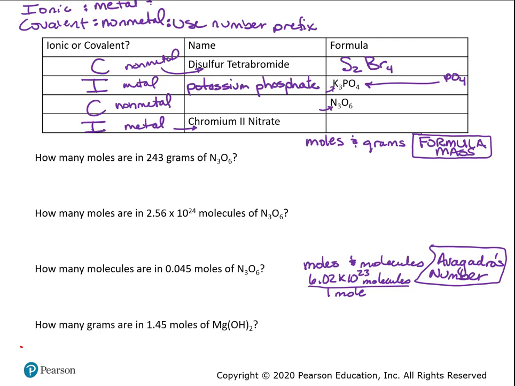So notice with ionic, there are no number prefixes. No number prefixes. Whole name of polyatomic.